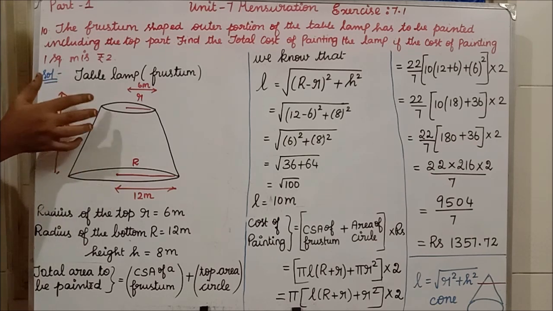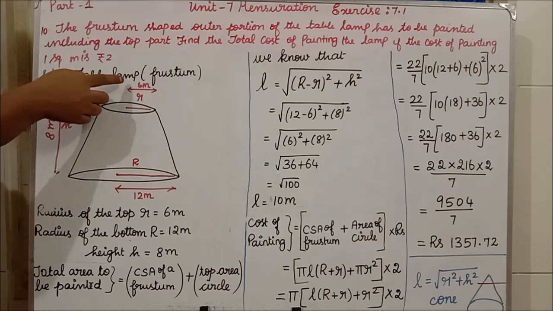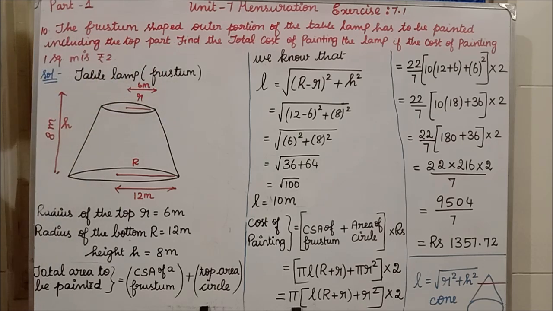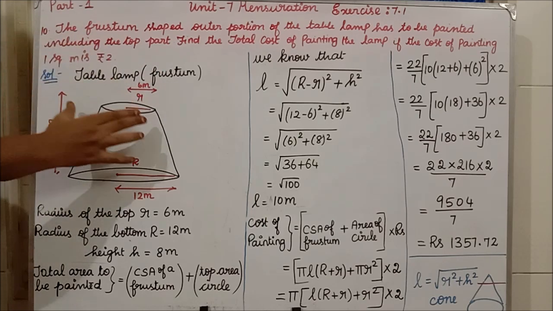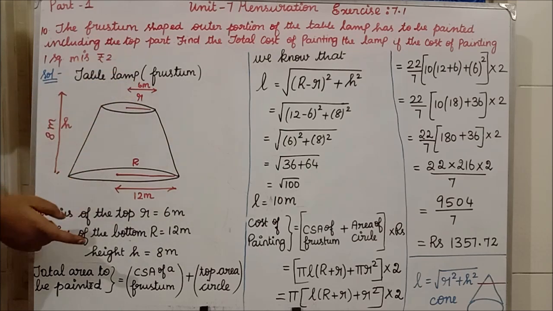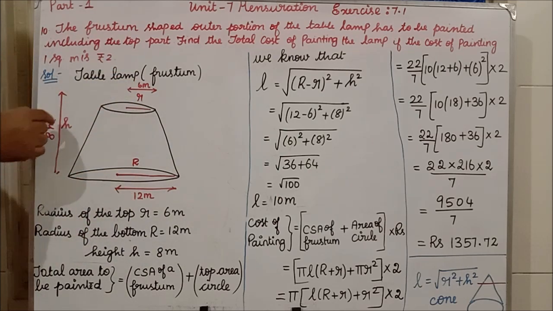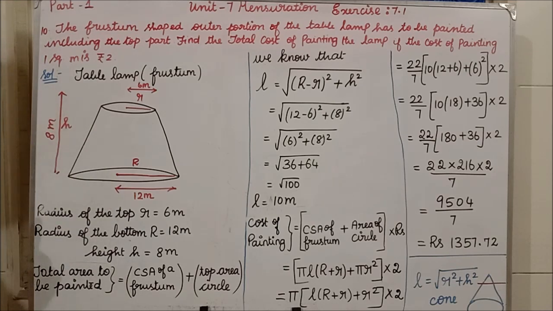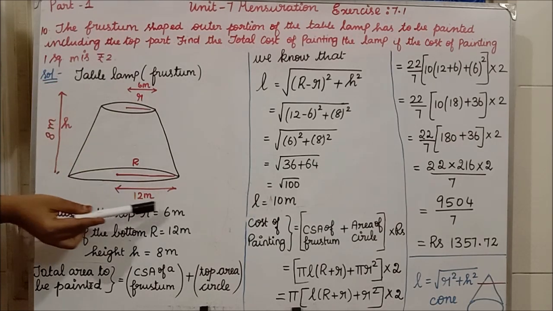This is what your book talks about: a table lamp in the shape of a frustum. See the book itself, they have given small r is 6 meter, capital R is 12 meter, height is 8 meter. First we have to write what is given in the question, and only then proceed. The radius of the top portion is 6 meter.